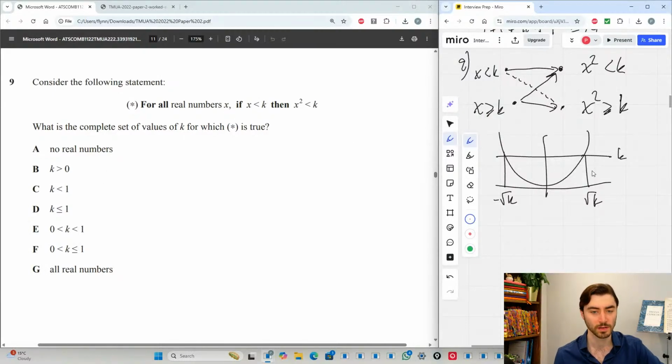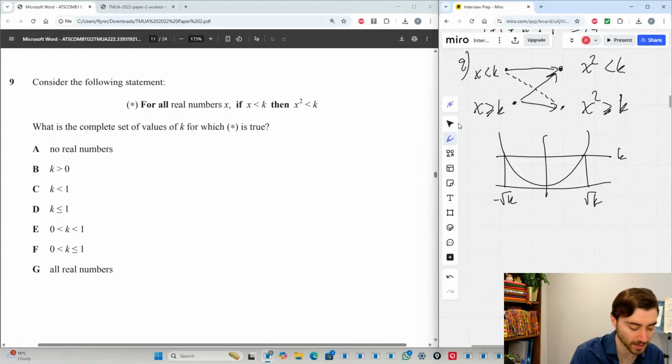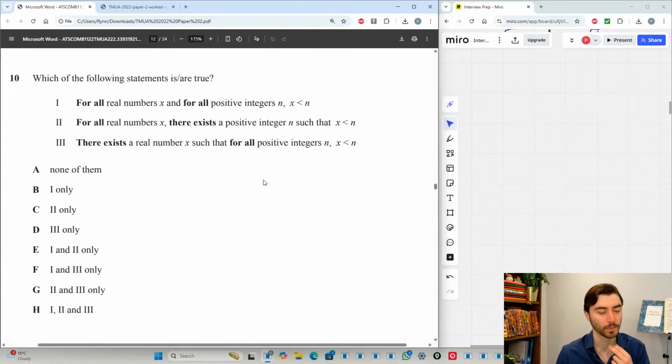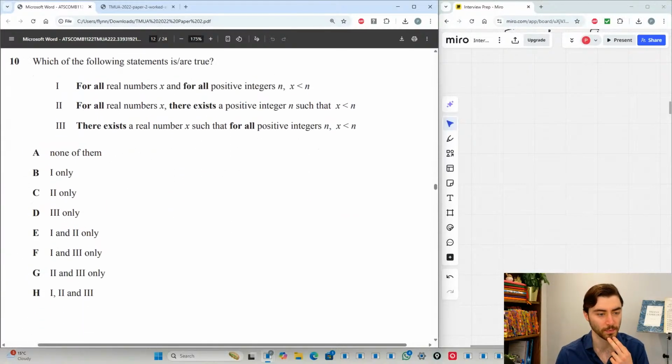If k is bigger than 0, there are numbers for which x... Where is it true that if x is less than k... Okay, do you know what? I'm going to come back to this, because I know this is doable, but I know it's not doable with the way my brain is acting right now. Let me not waste too much time on that.